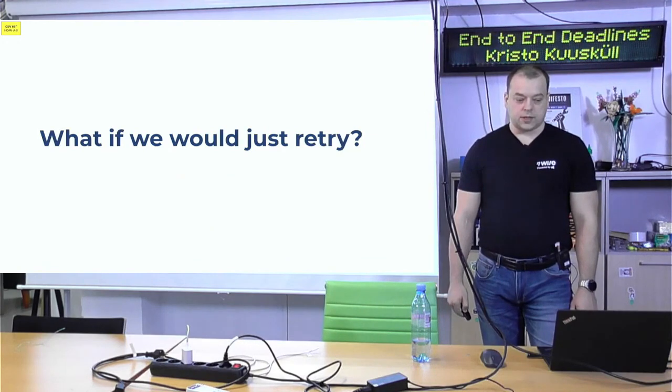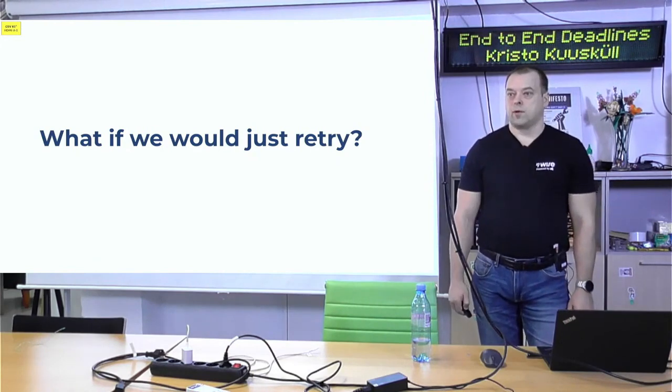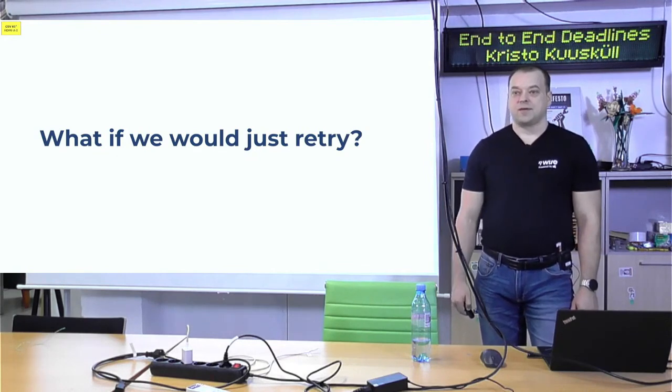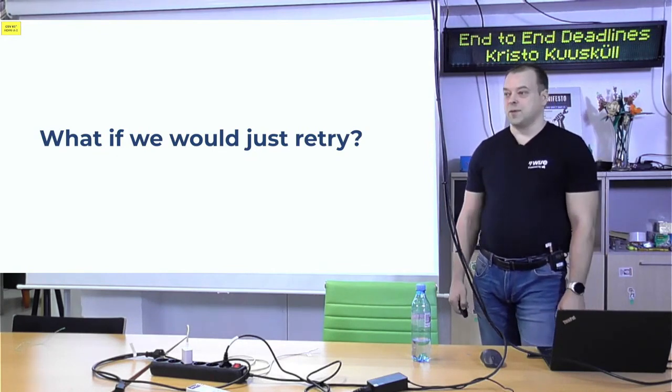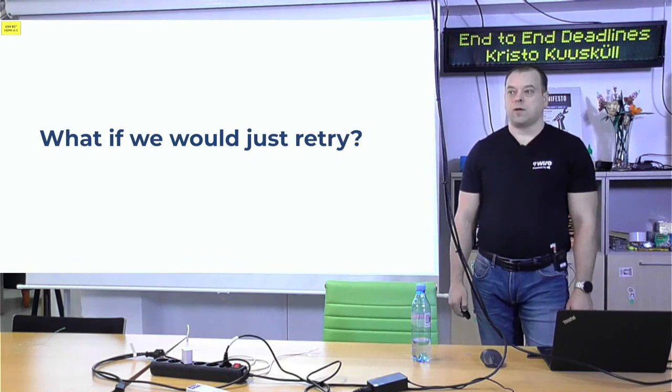But what if we could just retry? And you could argue that not every error is retryable. If your data center has lost power, then retrying immediately won't bring us any benefit. But you will be surprised how many errors actually are retryable in the real world.